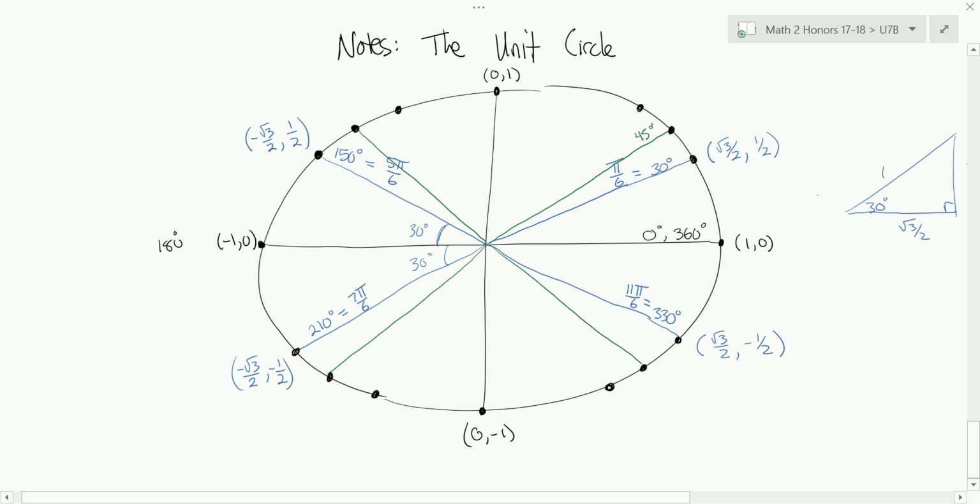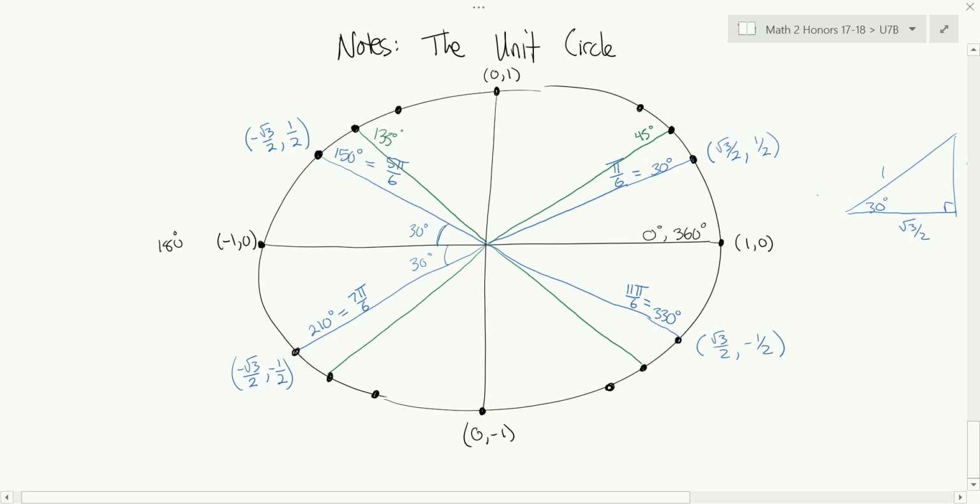Okay, so we know the green is 45 degrees in the first quadrant. How can we find it in the second quadrant? What do we do mathematically? If half a circle is 180, or if we go from 180, what do we got to do? Subtract 45 from 180, and what do we get? 135. Okay.